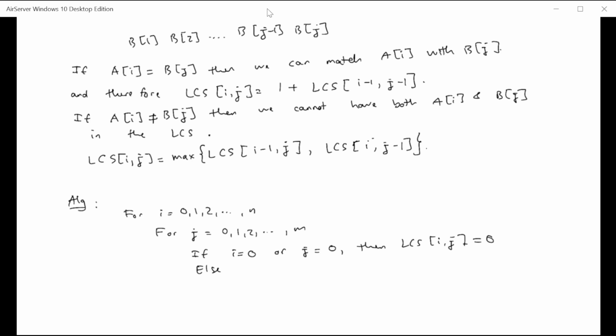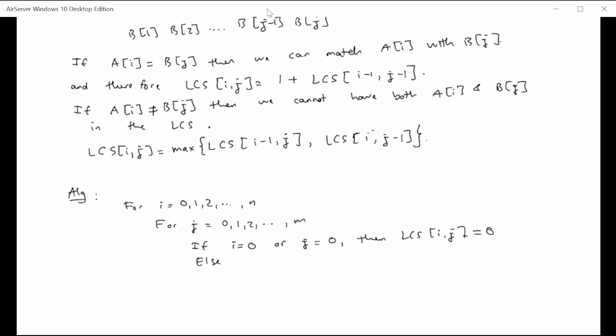Otherwise, we have two subcases. If AI is equal to BJ, then from the above, we know that we might as well match AI with BJ.